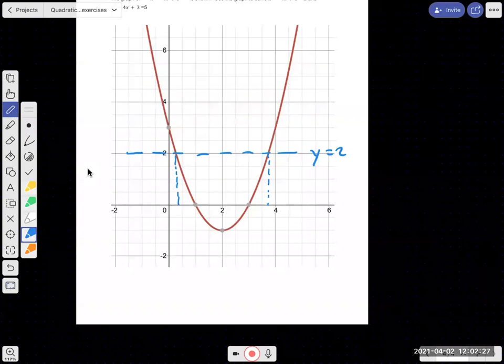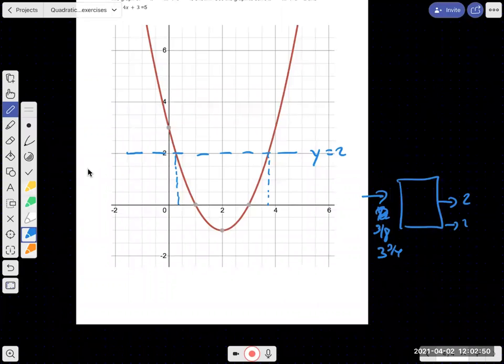In other words, if I put in about a half, I get out 2. Or if I put in, it's a little bit less than a half, so let's say 3/8. Or if I put in, I have to look at the scale here, 3 3/4, I also get out 2.